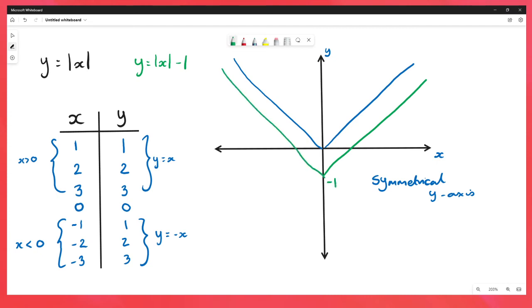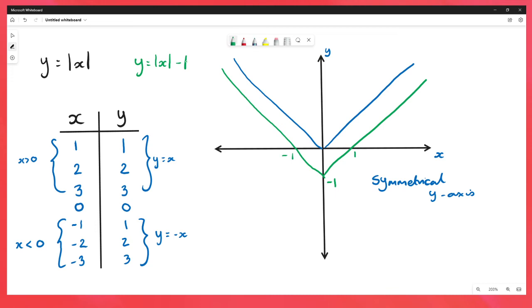It crosses at minus 1 on the y-axis, 1 on the x-axis, and minus 1 on the x-axis. So don't just think, because there is a modulus there, that the entire graph is above the x-axis. If we start having numbers outside the modulus, we can go below.